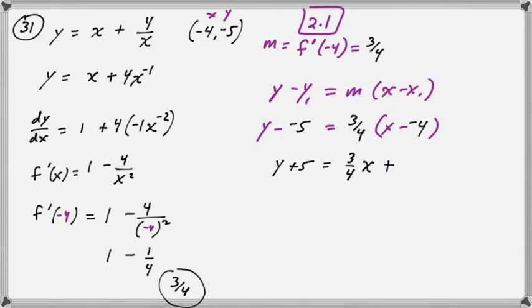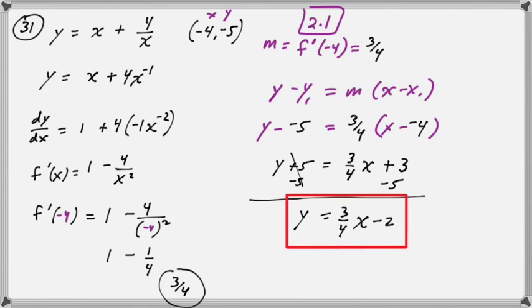Two negatives make it a positive. 3/4 times 4 makes it a 3. And if I subtract 5, I end up with y equaling 3/4 x minus 2. Then they want us to check it with the graphing utility on your calculator. Hopefully this is correct.